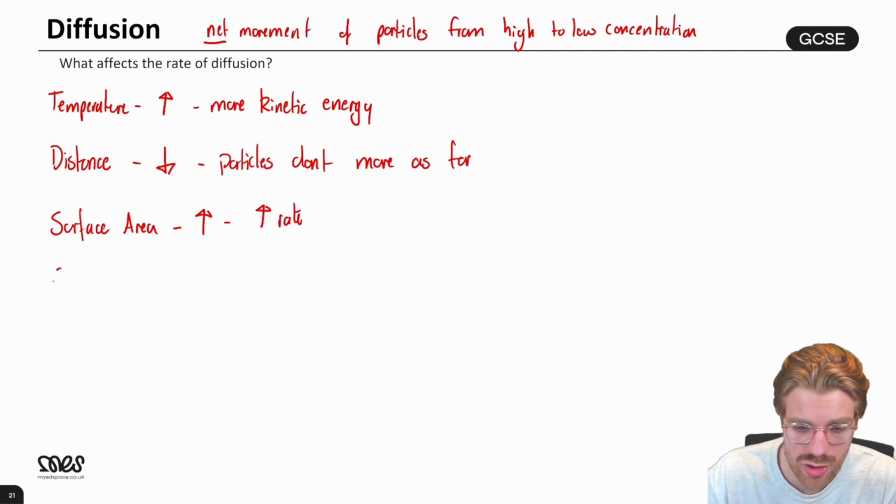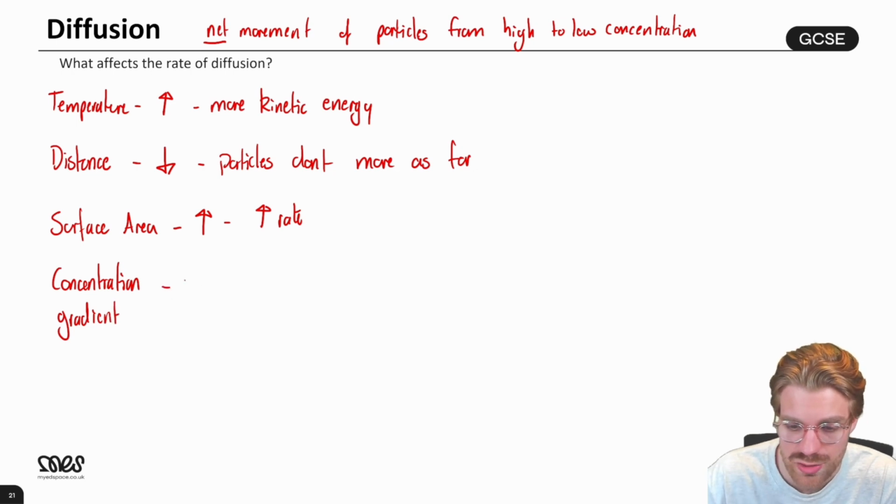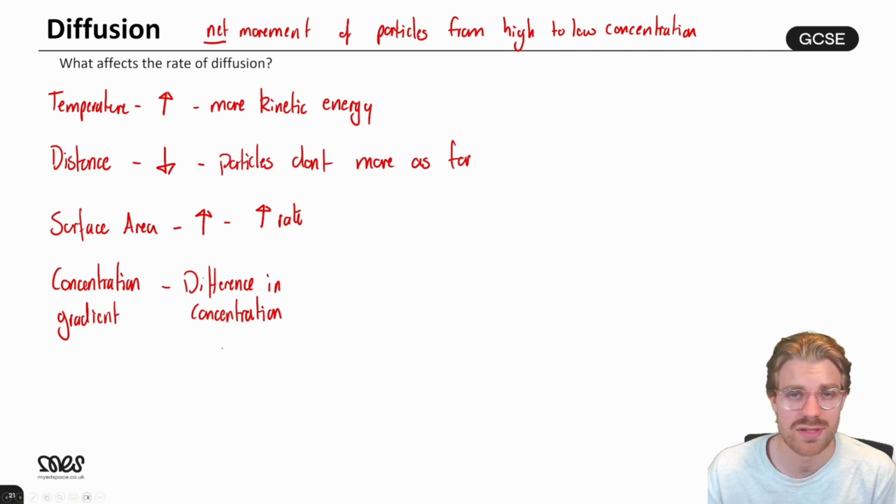And we also have concentration gradient. Now, concentration gradient is a fancy term for the difference in concentration between two areas. If there is a greater difference in concentration, then that means that the particles are going to spread out faster.